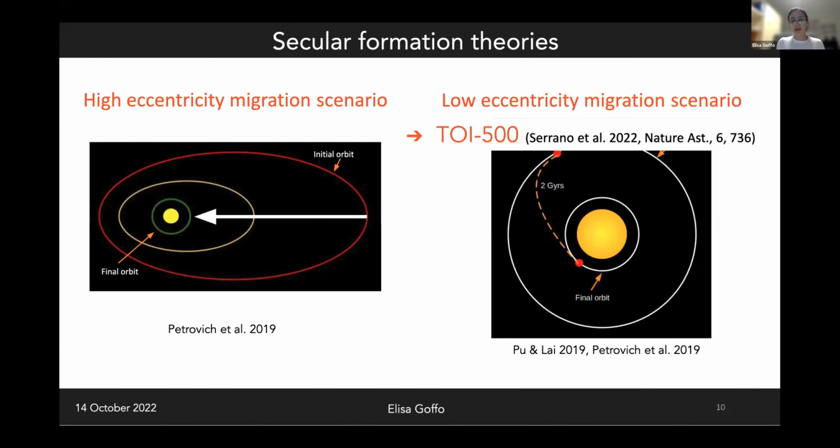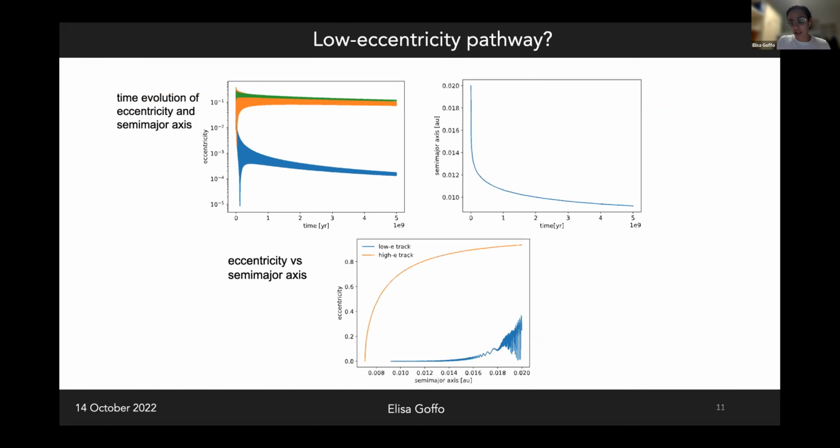So, as was done in the discovery paper of TOI-500b, we tried to see if we can explain the architecture of the system through a low eccentricity pathway.